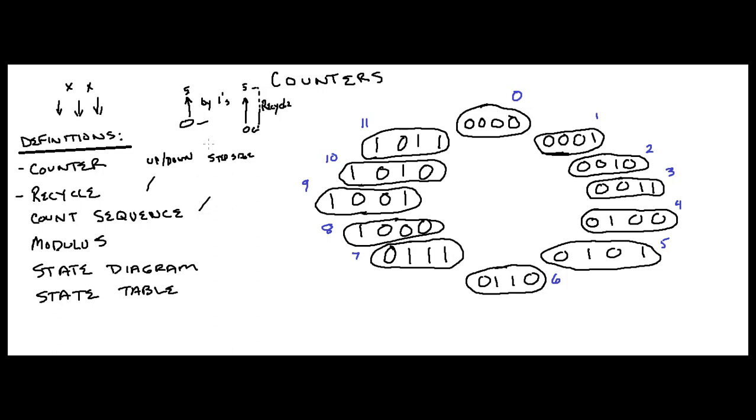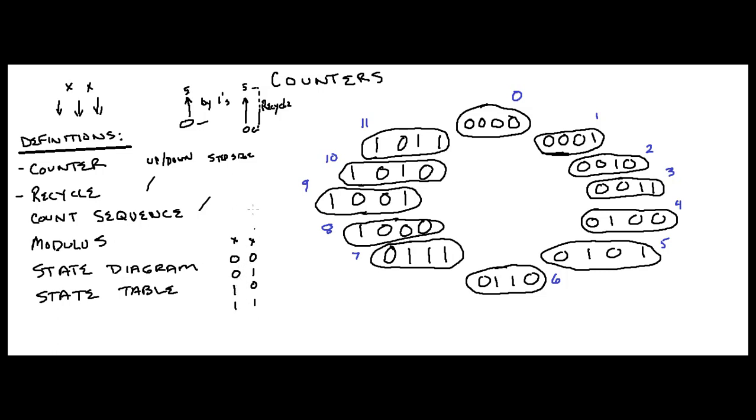Now, let's talk about a modulus. This depends on the number of bits too. I'm just going to draw 2 bits here. We have 2 bits. We can have 0 0, 1 0, 0 1, and 1 1.